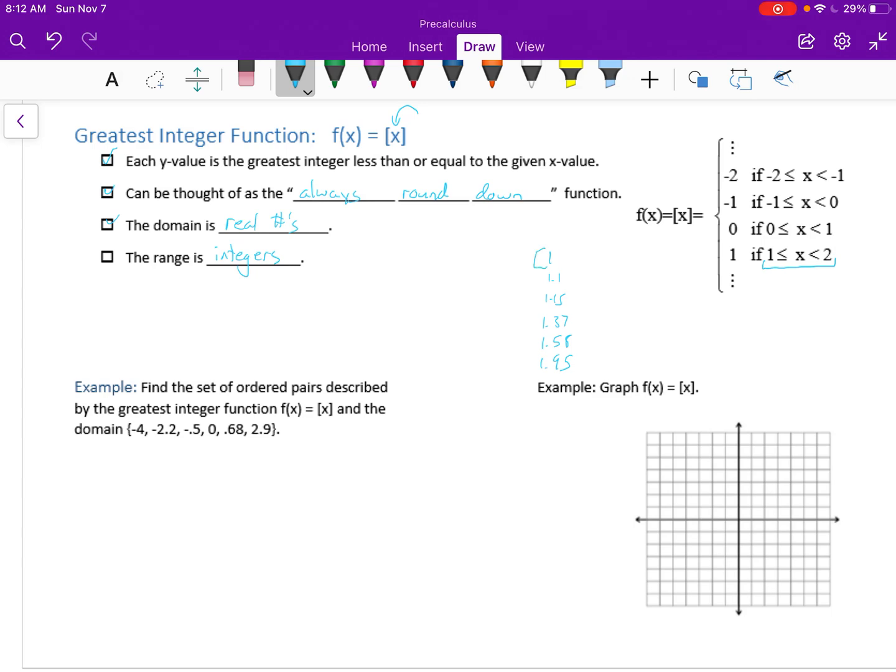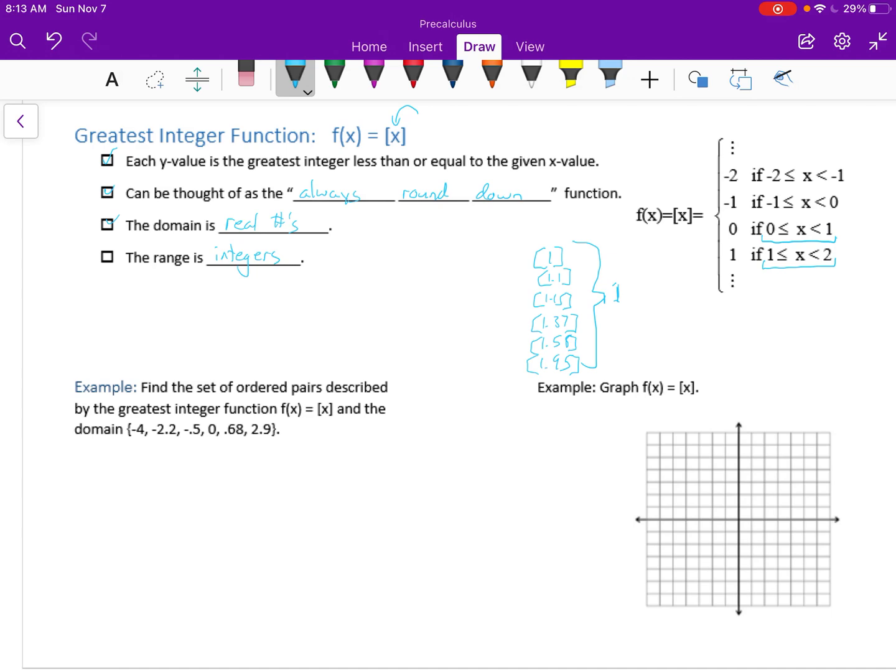So if we put these in our brackets, all of these will just round down to 1. So when x is between 1 and 2, it rounds down to 1. If x is between 0 and 1, they'll always round down to 0.